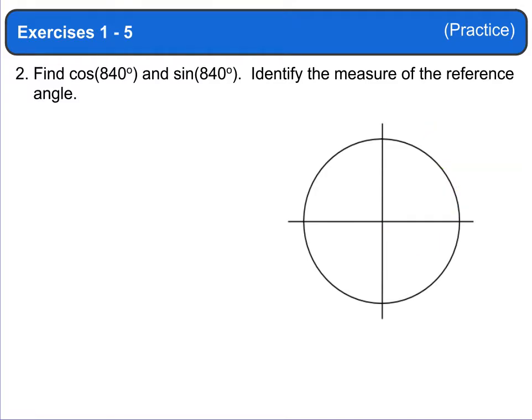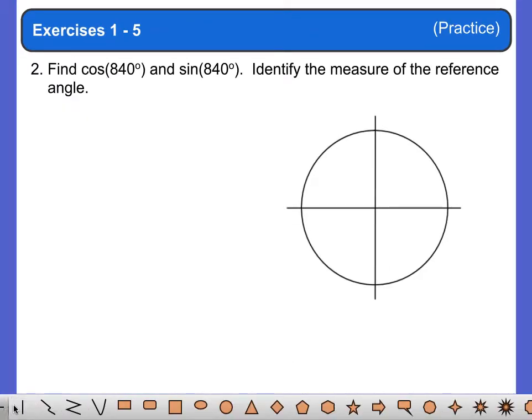So if we look at exercise number 2, we have 840. So just to remind ourselves, we have our initial ray right here.